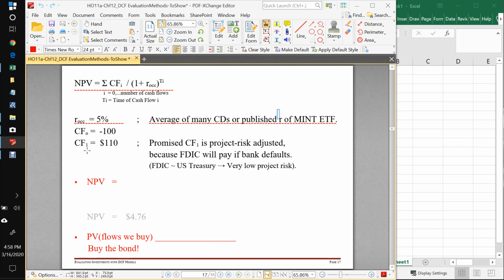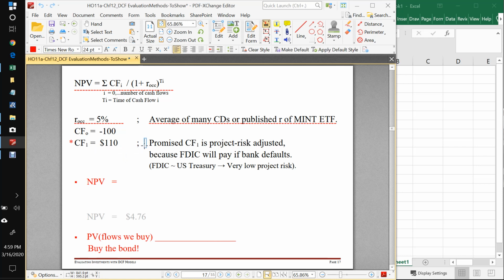Now this one here is a little tricky, okay? Remember, all these cash flows need to be project risk adjusted. So the cash flow at t equals 0, that's adjusted because that's what we have to pay to buy this contract. So there's nothing we can do with that. But the cash flow in the future needs to be risk adjusted. This is the contractual promised cash flow.